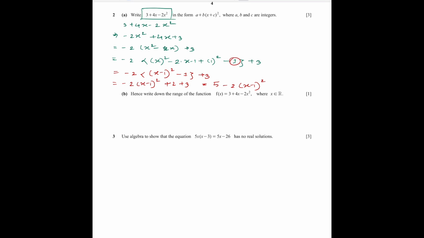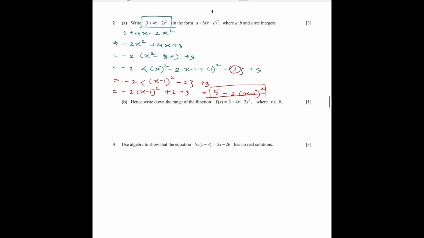So now if we compare this with the given format, a plus b times (x plus c) squared, a will be 5, b will be negative 2, and c will be negative 1. Okay, so a is equal to 5, b is equal to negative 2, and c is negative 1.